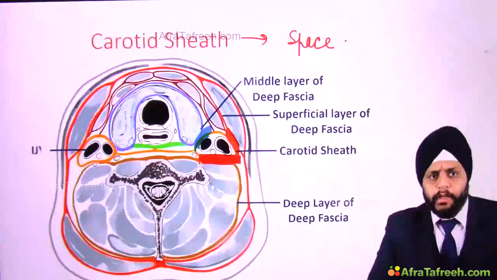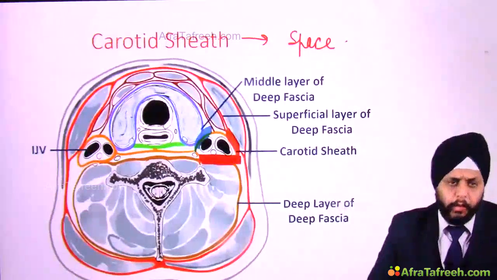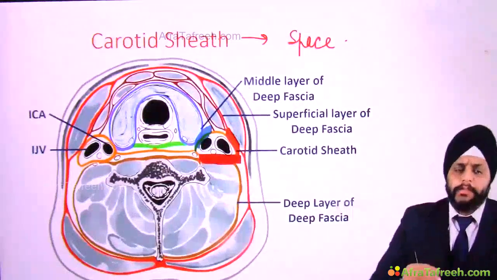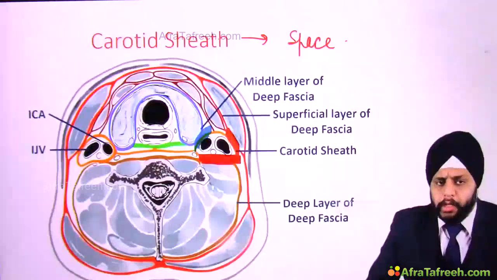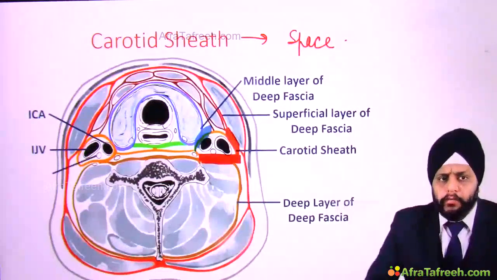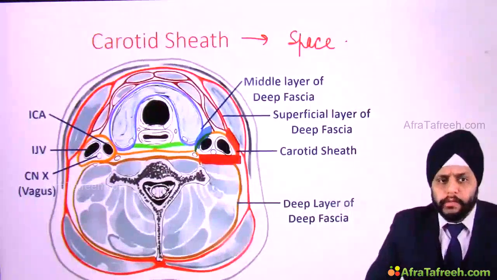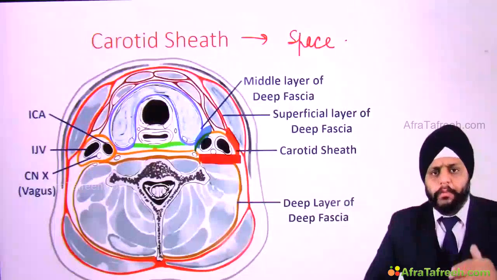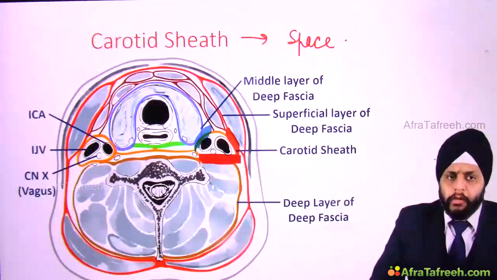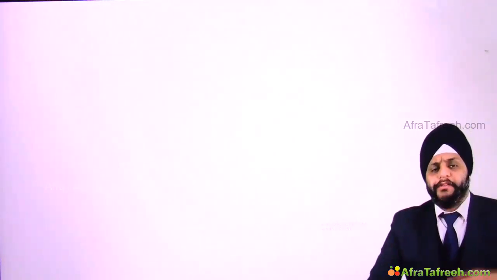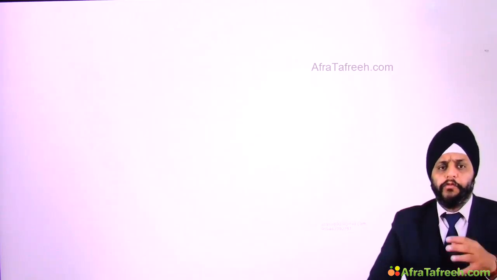On the lateral aspect we have the internal jugular vein. On the medial aspect we have the internal carotid artery, and posteriorly we have the 10th cranial nerve, the vagus nerve. They are present inside the carotid sheath. All right, so these were the different layers of the cervical fascia which we must know.